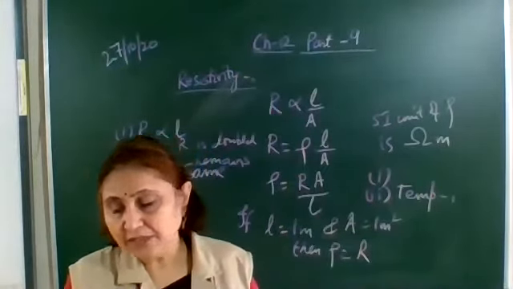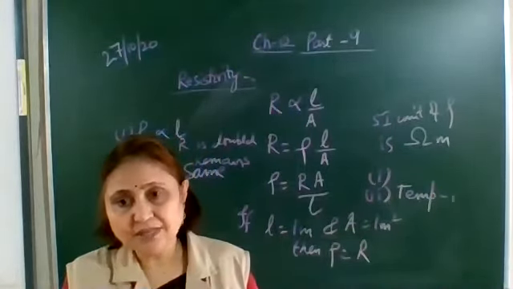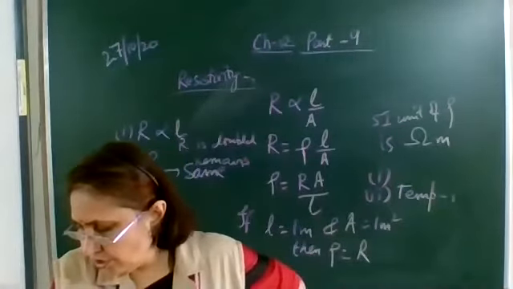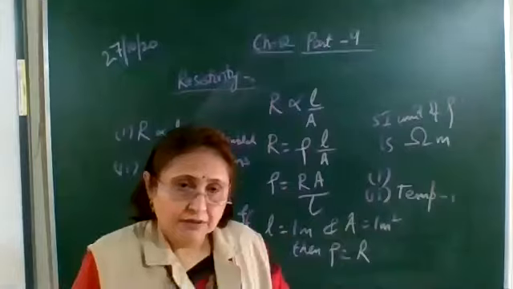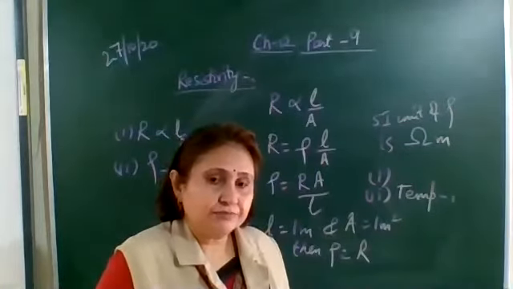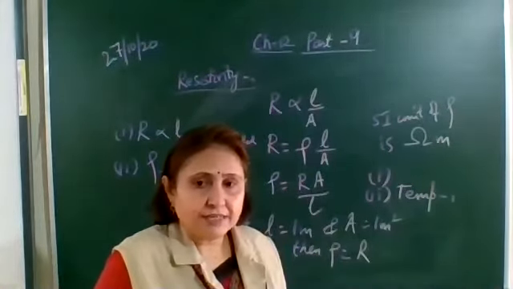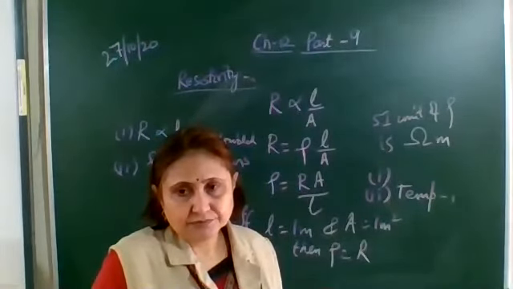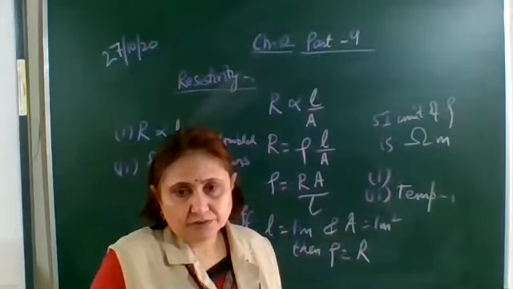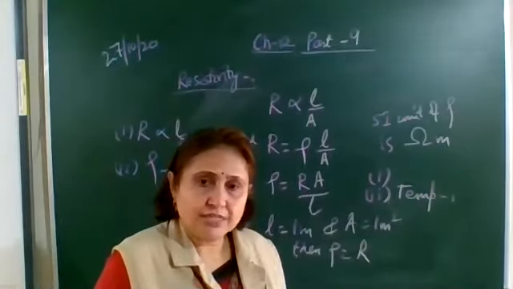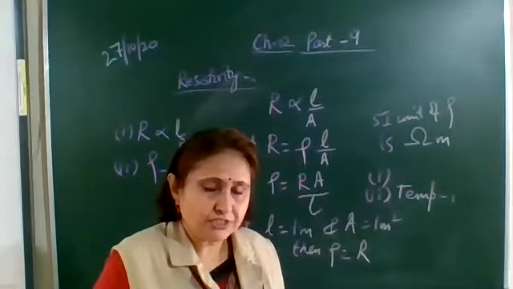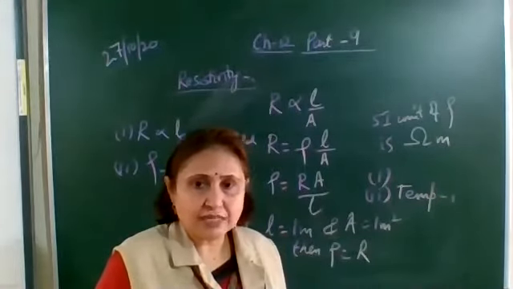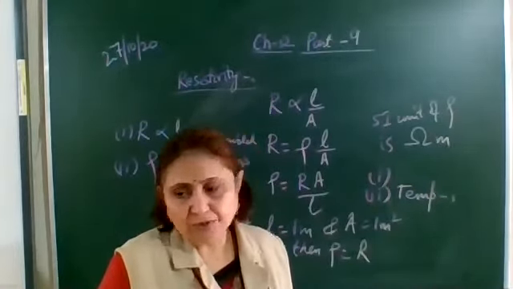Why? Because they have a greater resistivity. Write the second reason: alloys do not oxidize easily at high temperatures. So because of these reasons, the heating elements, that is the coils of electric toasters and electric irons, are made up of alloy rather than a pure metal.